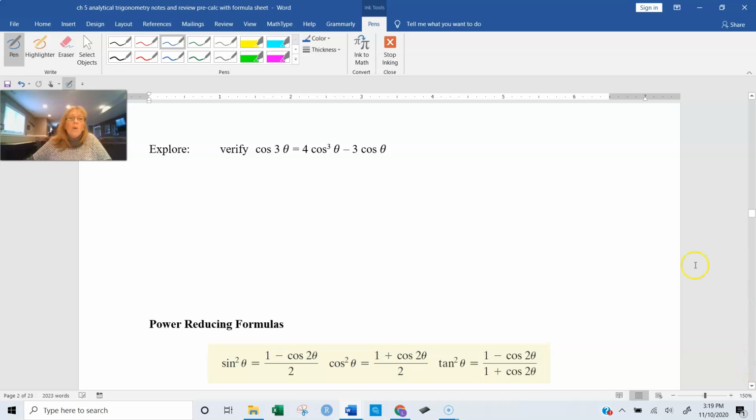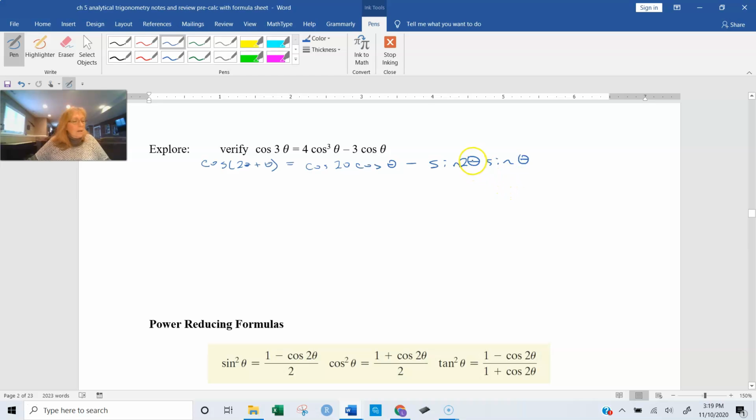Okay, pause and try yours. Be careful. All right, so again, you would have started the same way. Cosine of 2 theta plus theta. Now you've got to use your angle addition. And we know that the angle addition of 2 theta plus theta is equal to the cosine of 2 theta times the cosine of theta minus the sine of 2 theta times the sine of theta.